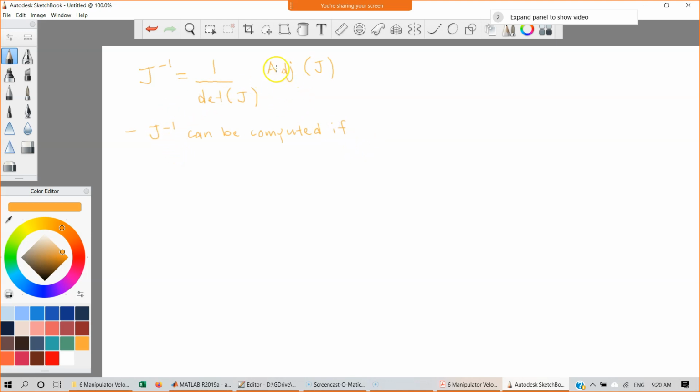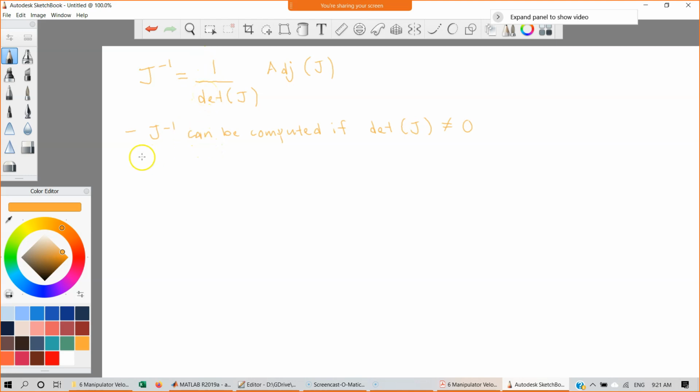If I ask you only to look at this equation. Yes, very good. If the determinant of J is non-zero, right? Because if the determinant is 0, 1 over 0 becomes infinity.